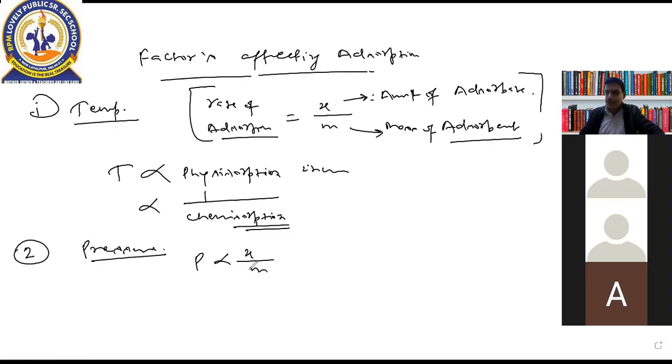But for the first time, Freundlich isolated that particular relation between the rate of adsorption and the pressure. And after several experiments, he derived the equation that the rate of adsorption is directly proportional to the square root of P.